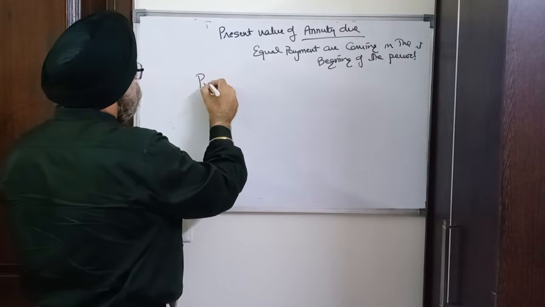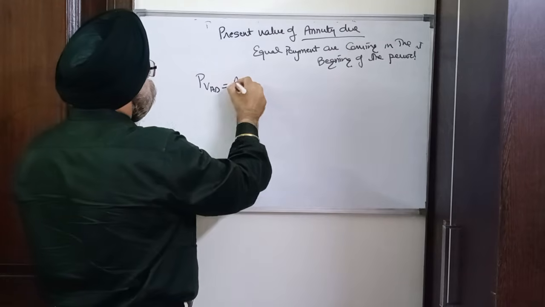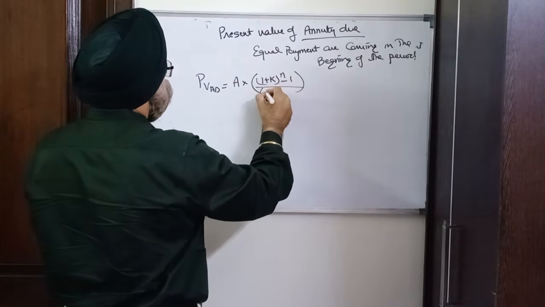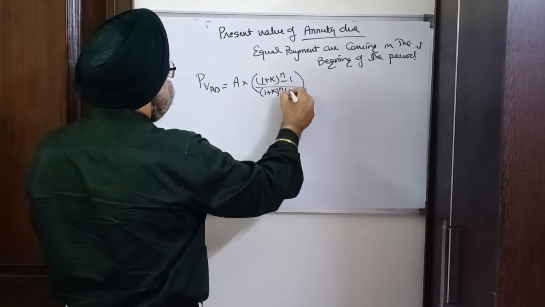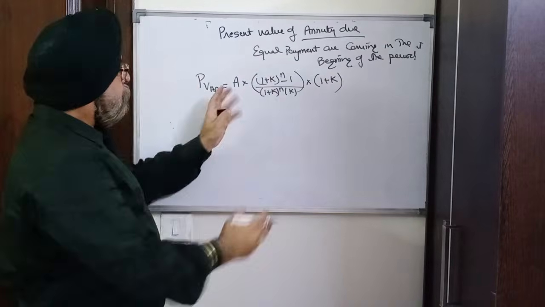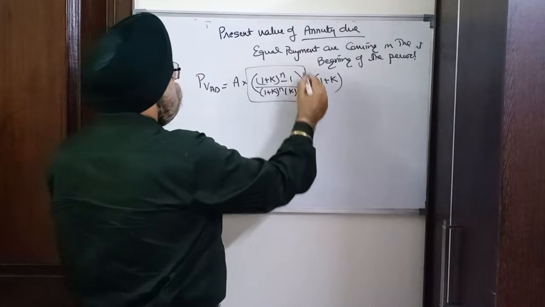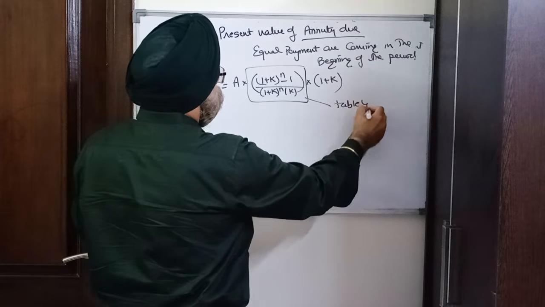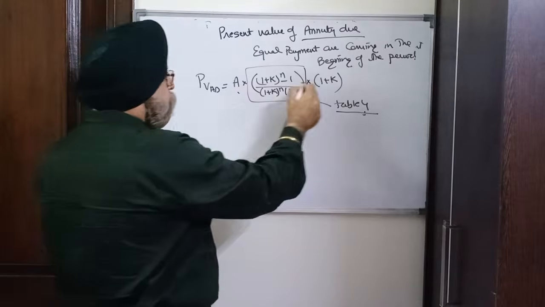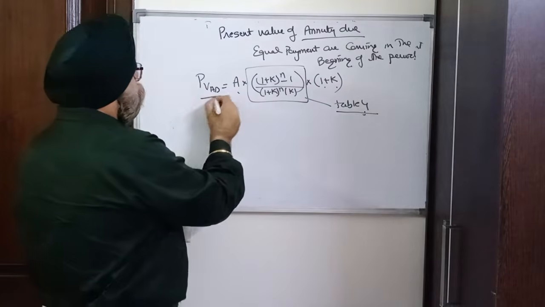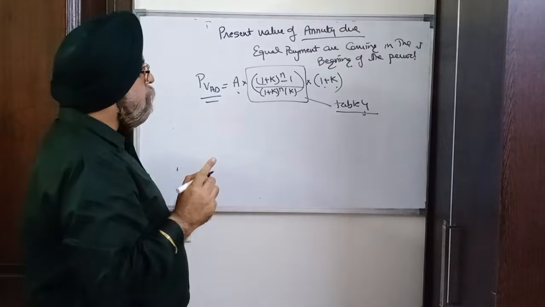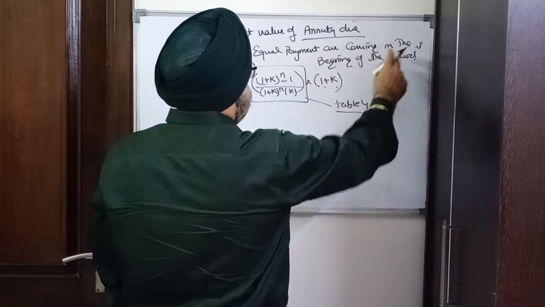So the formula will change. This will remain same. You just have to add 1 plus k to it. ये table number 4 से ही आएगा. You have to use table number 4. You multiply the value given in the table number 4 with a, और उसको 1 plus k से multiply करेंगे. You will get the value of present value of annuity due if the equal payments are coming in the beginning of the period.